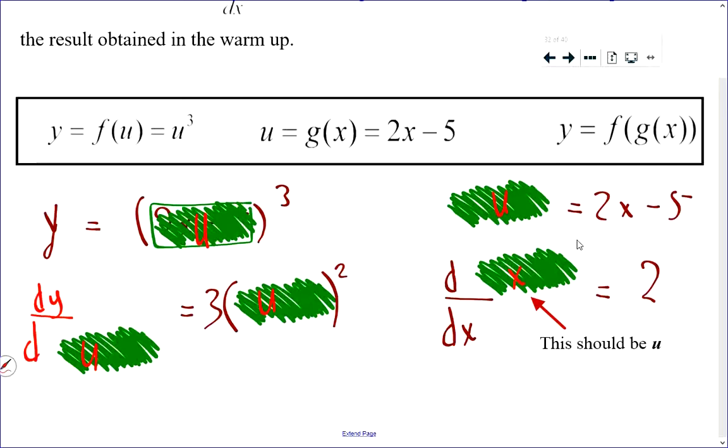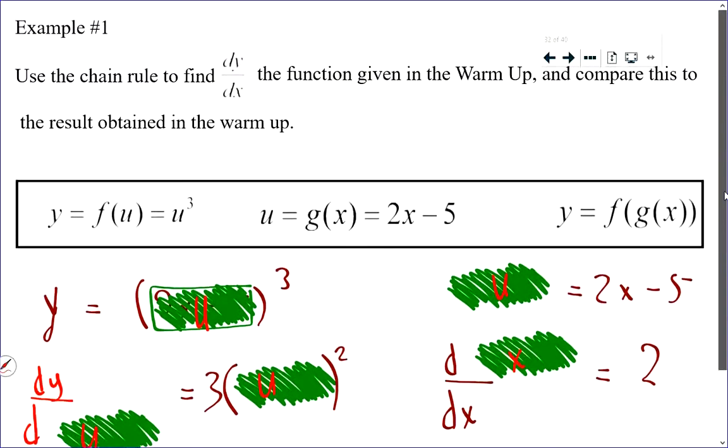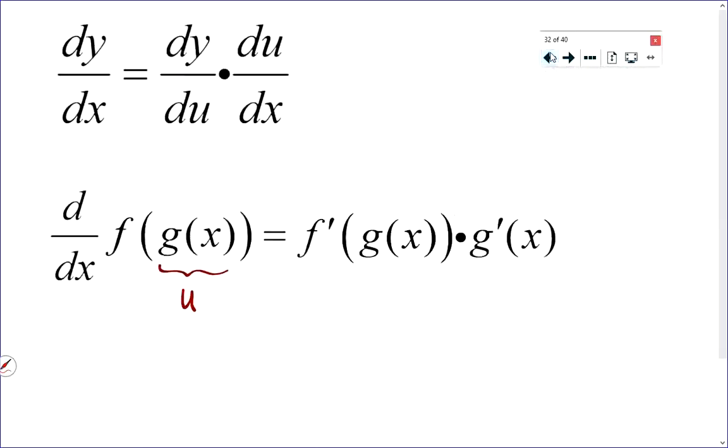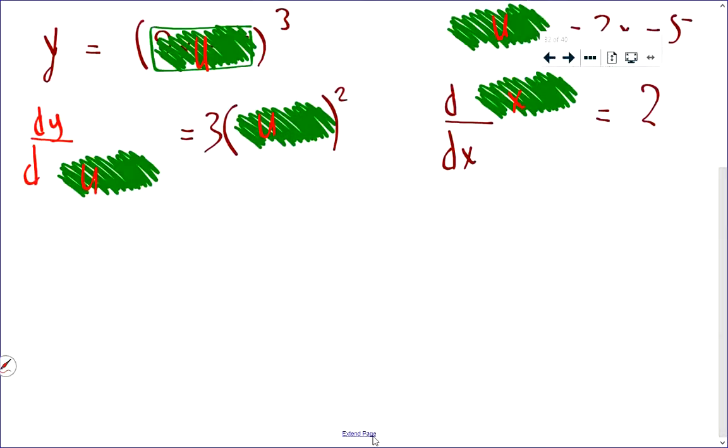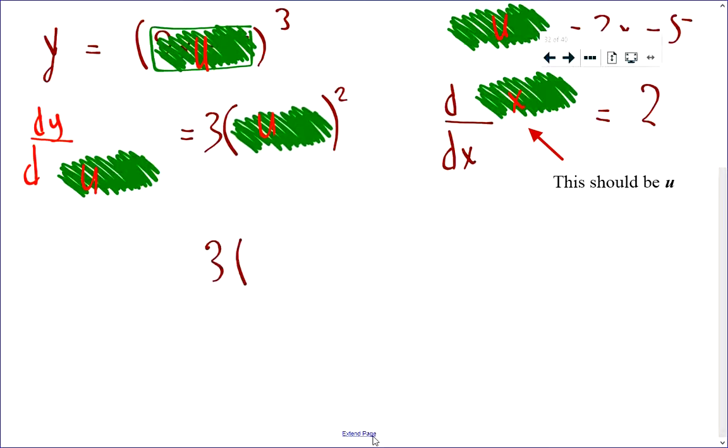dy/dx is the product of those two things. dy/dx is dy/du, which is 3 times, let's not kid ourselves, this thing is actually 2x minus 5. This is dy/du.